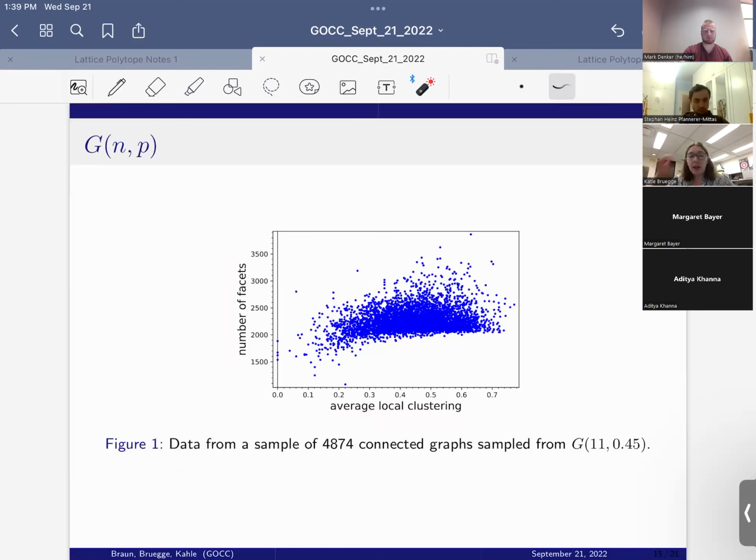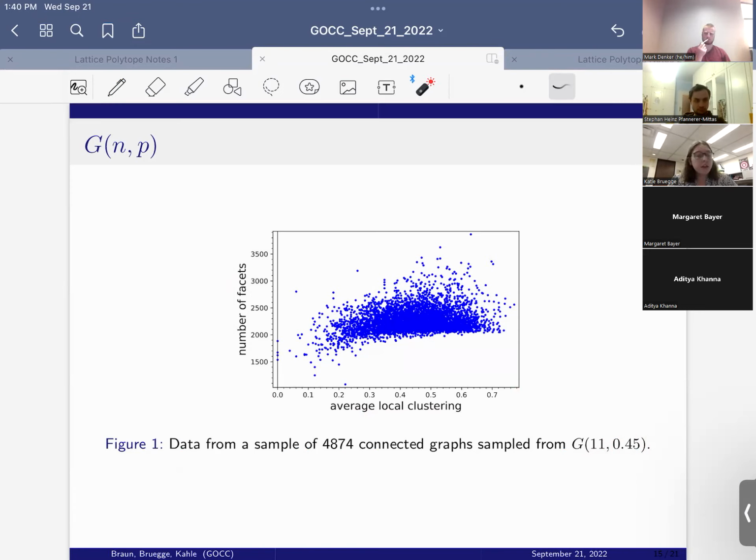This is a sample of close to 5,000 connected graphs on 11 vertices with edge probability 0.45. And we see that there isn't really much relationship between the local clustering and the number of facets. It's pretty spread out from clustering 0 all the way up to probably close to 0.8.